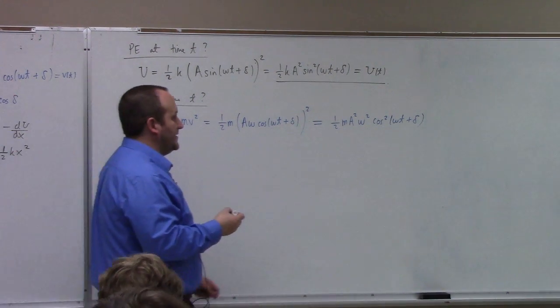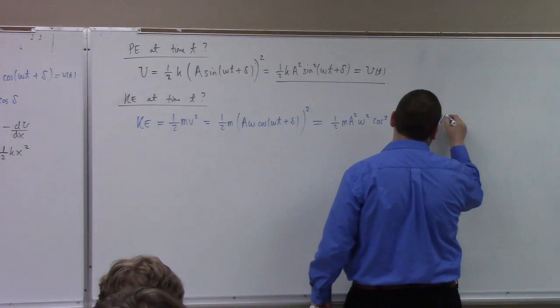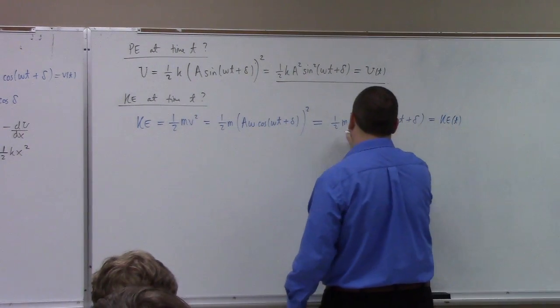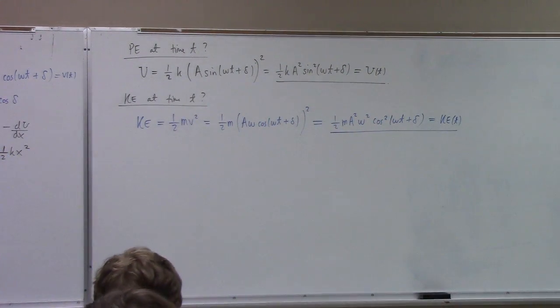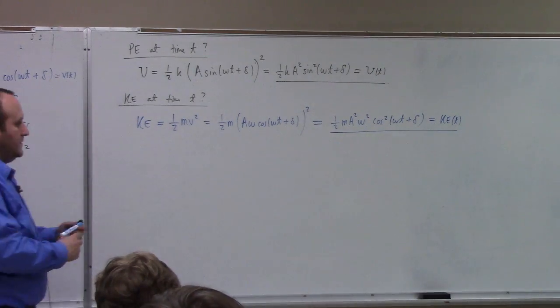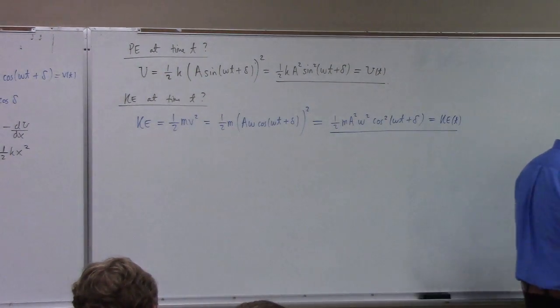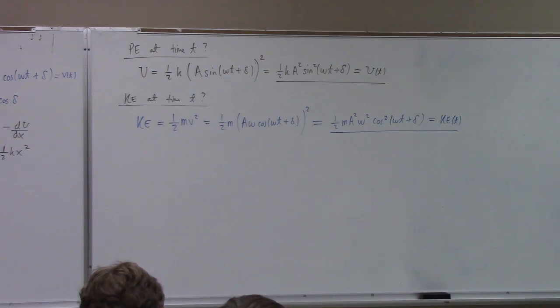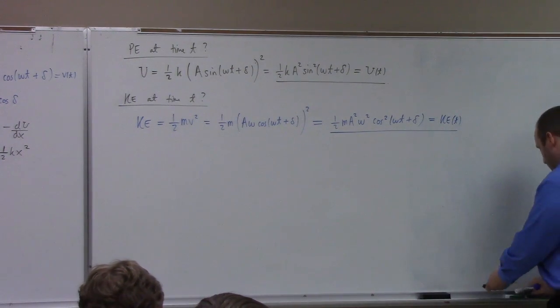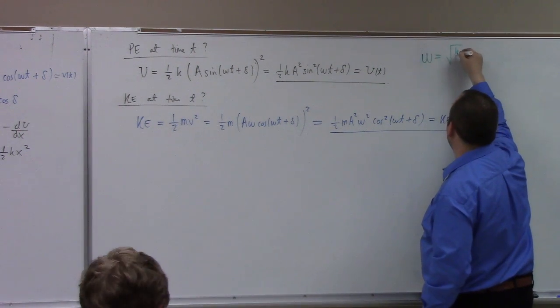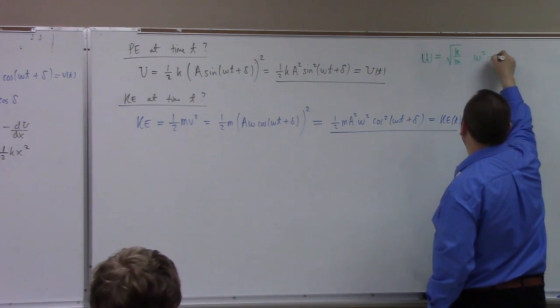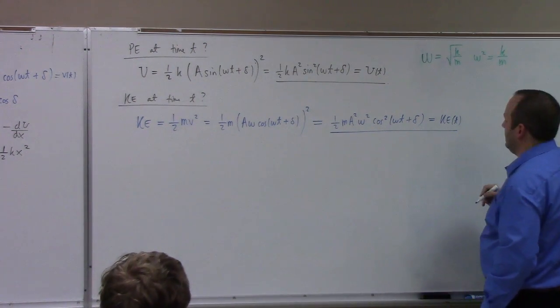Can we simplify this formula in any way? Now this symbol I introduced, the omega, what was its definition? Square root of k over m, right. So omega squared is k over m, right?